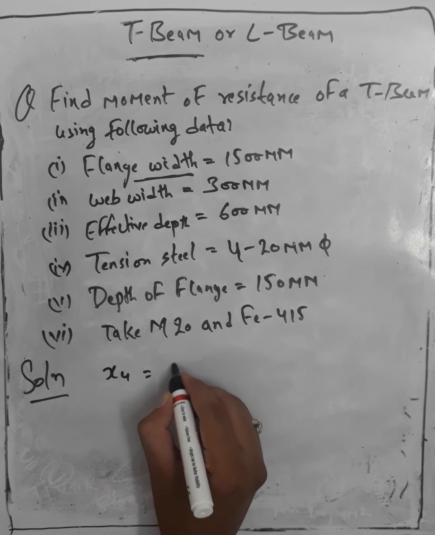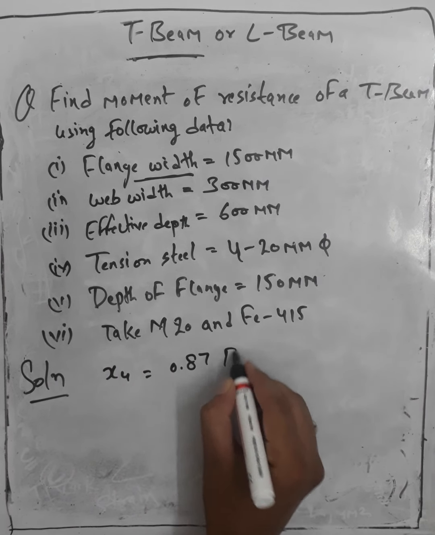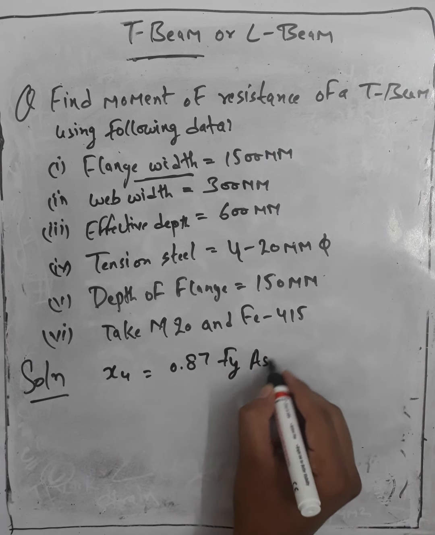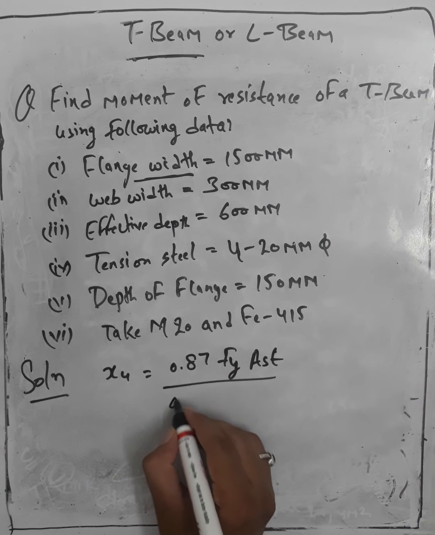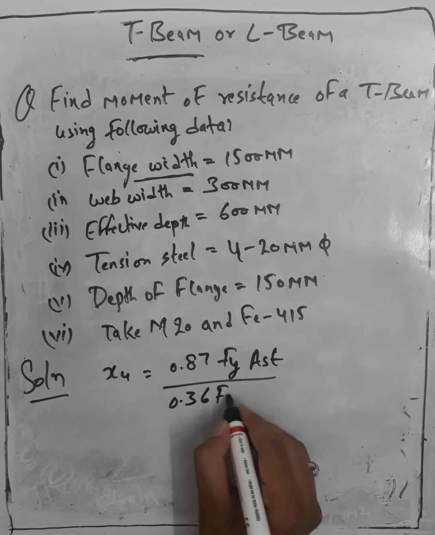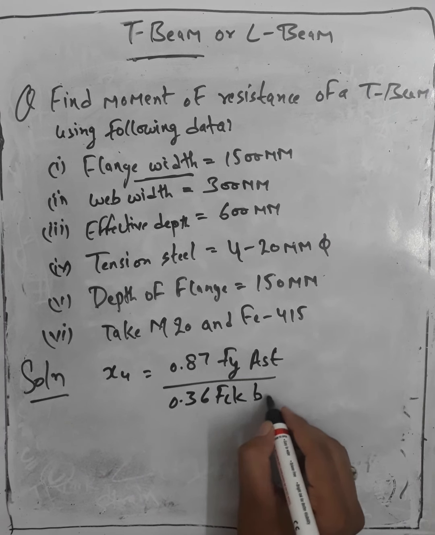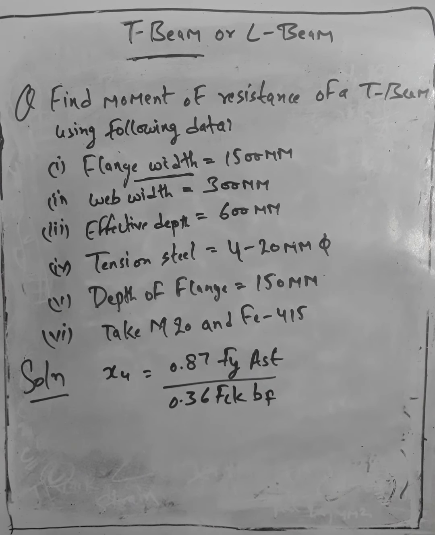XU is equal to 0.87 Fy AST divided by 0.36 FCK BF. This equation we have taken here.